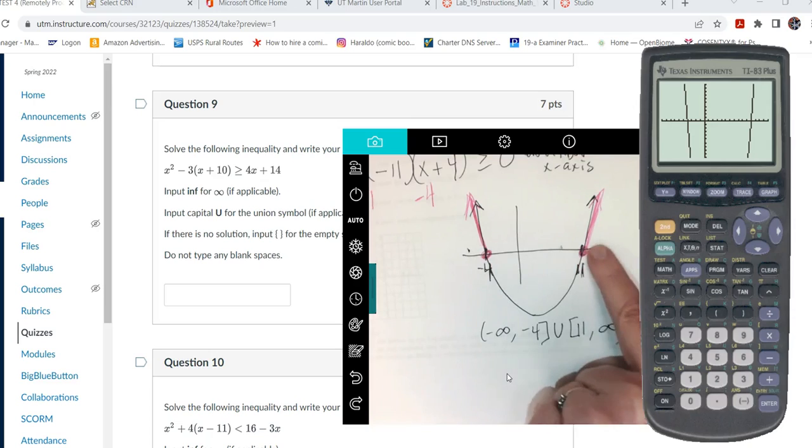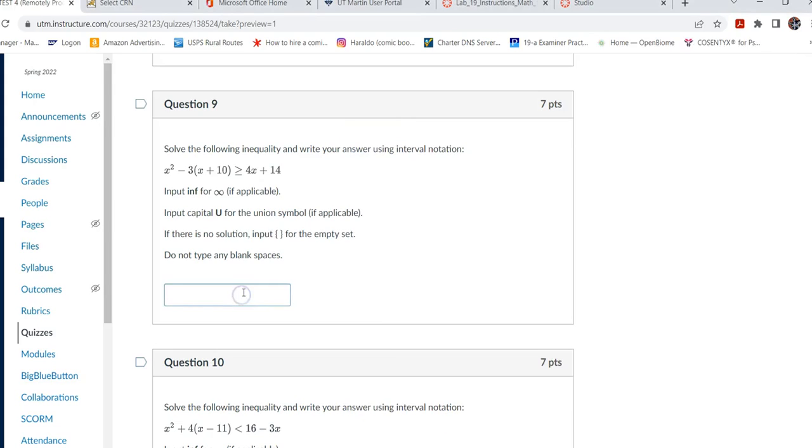And then it's on at 11, and then it'll always be above after 11. So what we want to put in here, it said put INF. So I want negative infinity, then to negative 4. Then I must have a square bracket, then capital U, and then 11 to infinity. So that's what we want for that one.